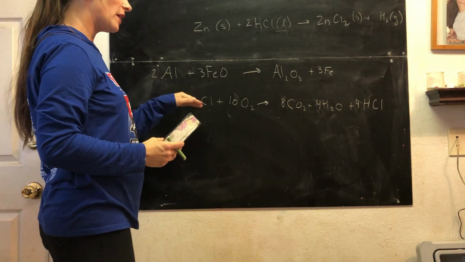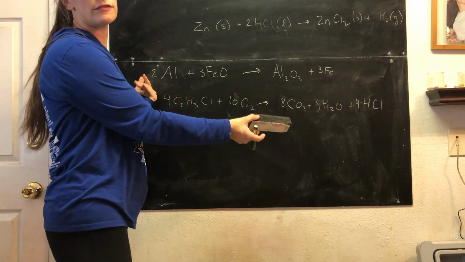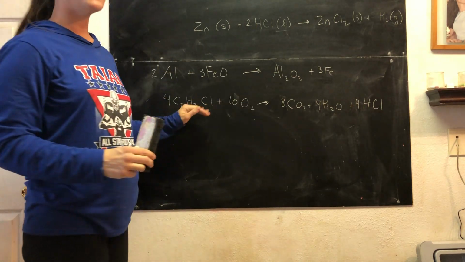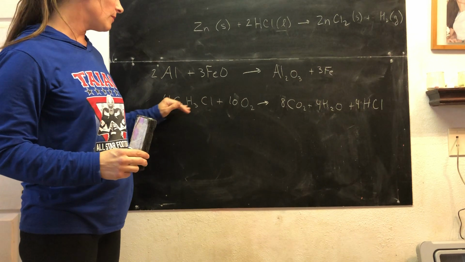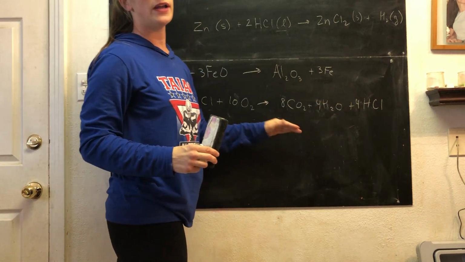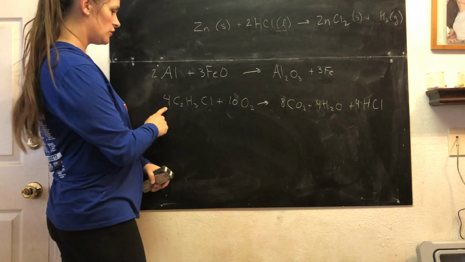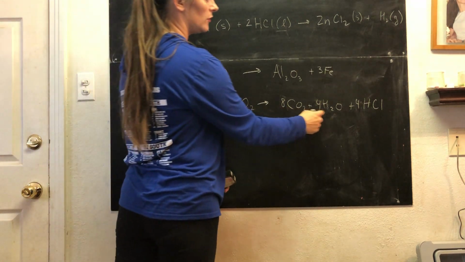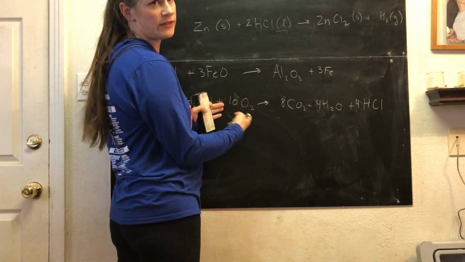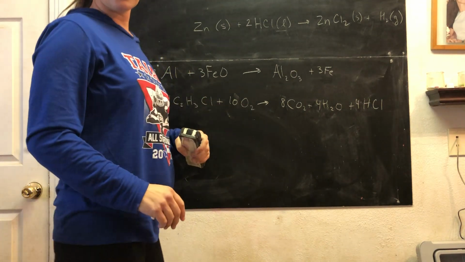So this is actually right, but you can go ahead and reduce this, kind of like reducing a fraction. You can divide all of these by 2. So if you get to a point where there's a common denominator to all of these coefficients, you can go ahead and reduce it to 2, 5, 4, 2, and 2. You understand? We couldn't before because we had a 5, which wasn't divisible by the others.